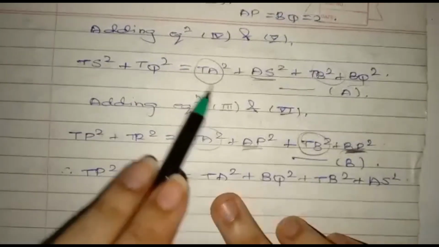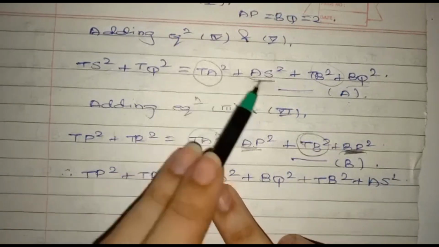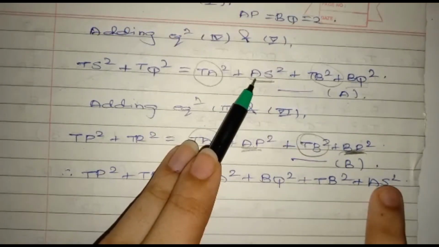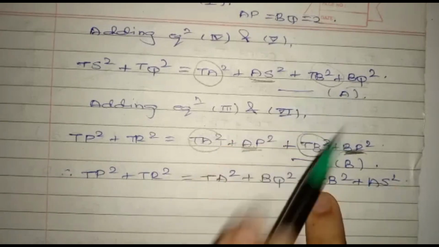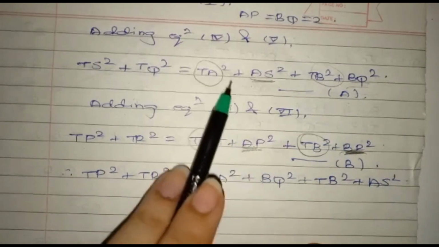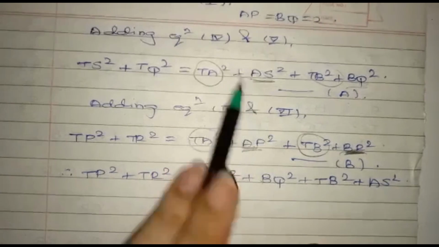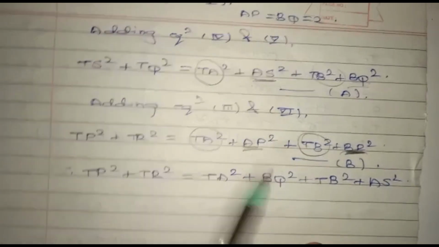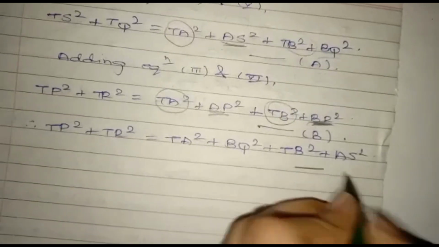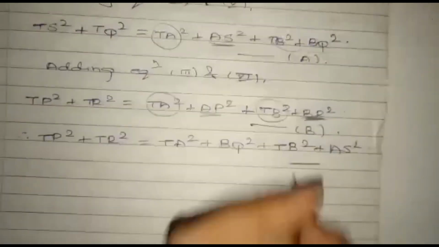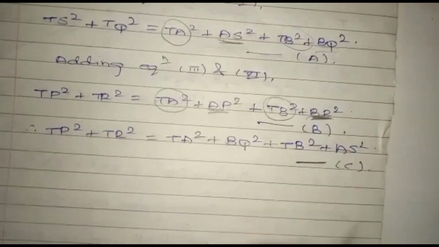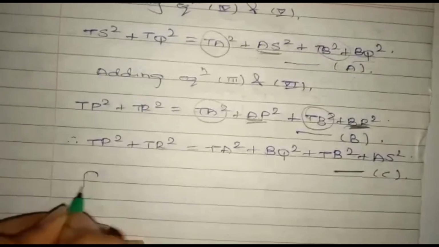So now we can see that TA square, AS square, TB square and BQ square. Now we can see that the right hand sides of these two equations are also same. So we will consider this as equation C.